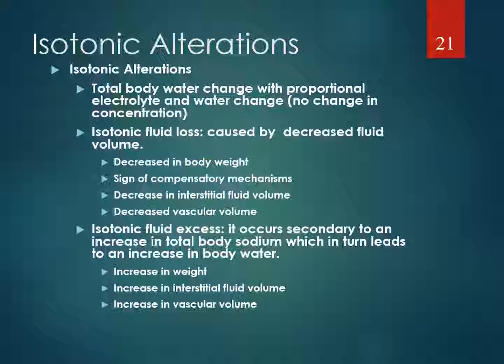These are hard to measure as actual gains or losses. Isotonic fluid excess occurs secondary to the increase in the total body sodium, which in turn leads to an increase in body water. So we can see an increase in weight, increase in interstitial fluid volume, increase in vascular volume. Although the fluid volume excess can occur as a result of increased sodium intake, it is most commonly caused by a decrease in sodium and water elimination by the kidney.